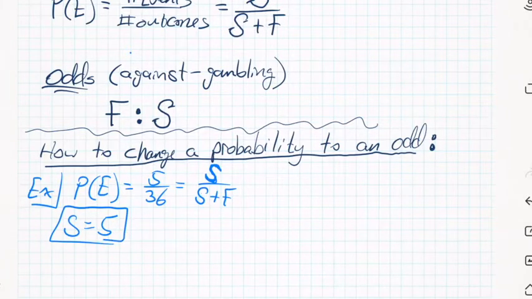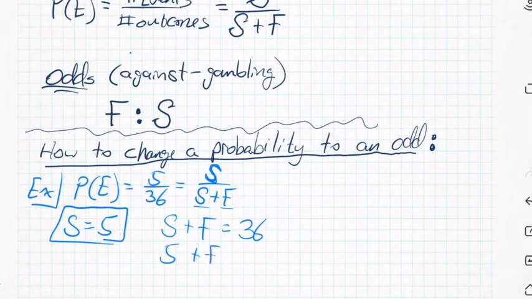Now I need to break the 36 into successes and failures. Well, I know that my successes plus failures has to equal 36, and I just found that my successes are 5. So this becomes a nice simple linear equation, and most people can do this in their heads. So this 5 here, I'm going to have to subtract from both sides, and I get 31 failures.